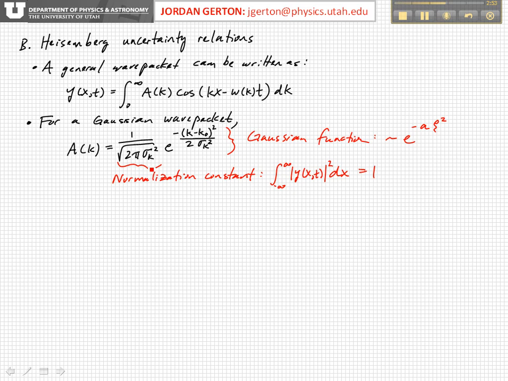And this is a normalization constant, which basically comes from the fact that, loosely speaking, if we interpret the square of this wave function in the complex conjugate sense, we get a probability distribution. We'll discuss that in one of the next lectures. If we interpret the wave packet as the probability distribution of where the particle is, then we know it has to be somewhere in space.